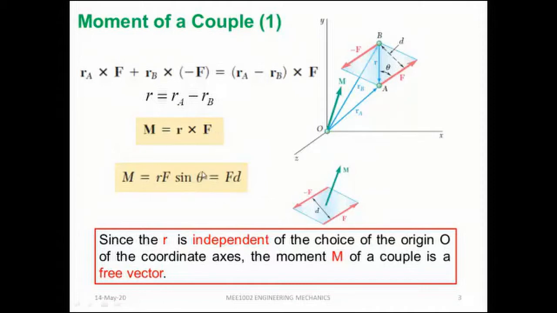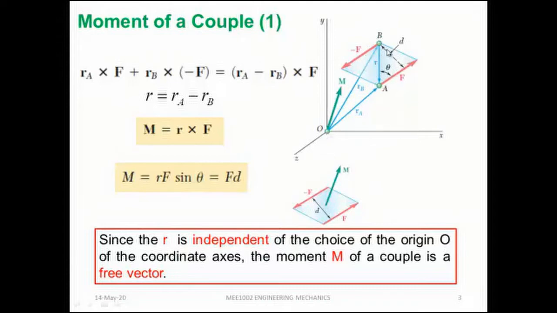Now the magnitude can be written as R F sine theta, equal to force into the distance between the two forces. The significance here is this position vector R is independent of the coordinate axis.